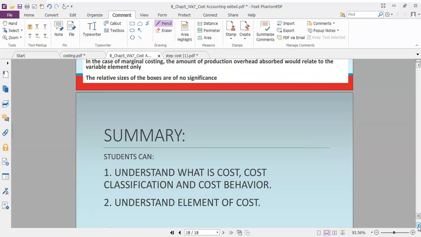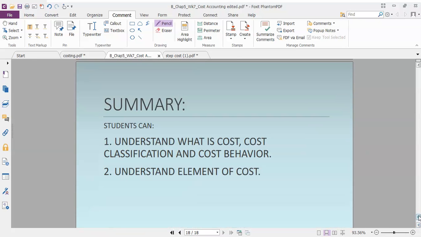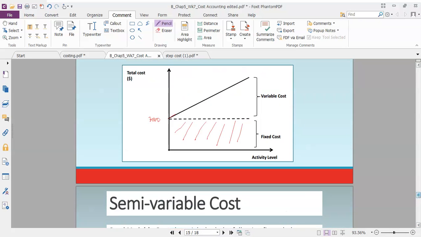So you dah tahu ke bila tarikh exam? Ada yang siapa dah? This month. September lah. So kita minggu ni dah minggu ke berapa? 12.